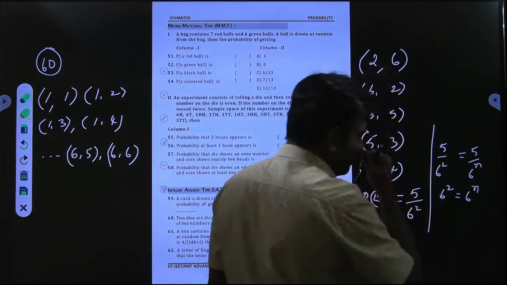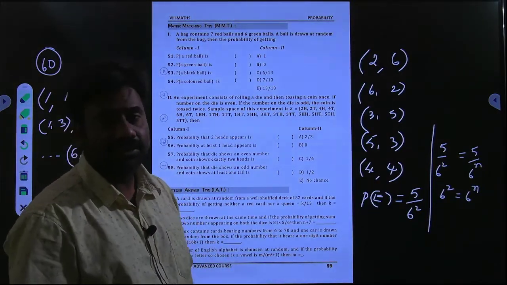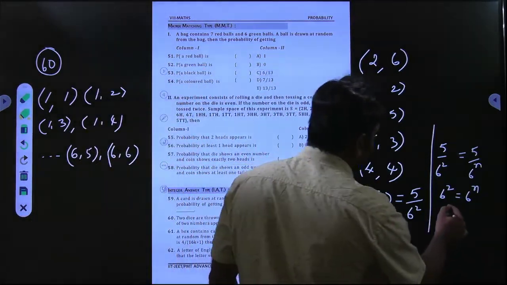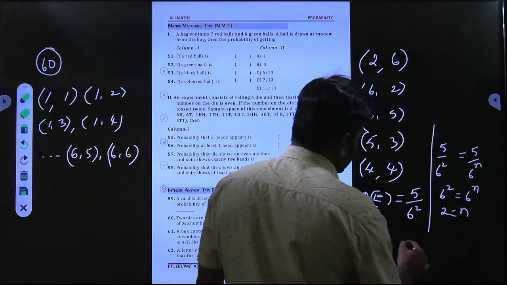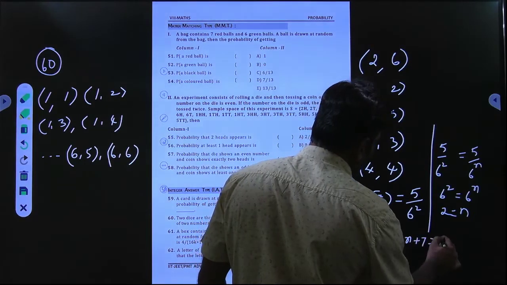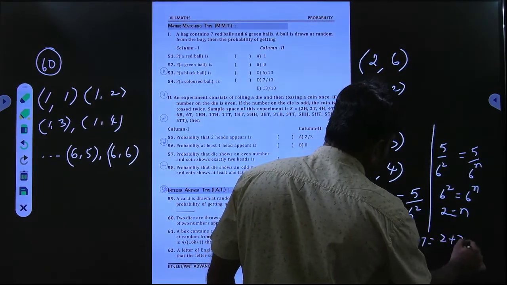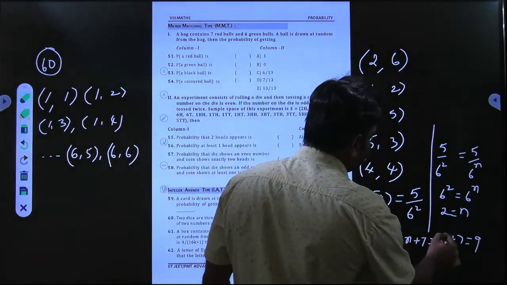Then the bases are equal, so the powers should be equated, meaning 2 is equal to n. But we require n plus 7. Therefore n plus 7 is equal to 2 plus 7, that is equal to 9. 9 is the required answer.